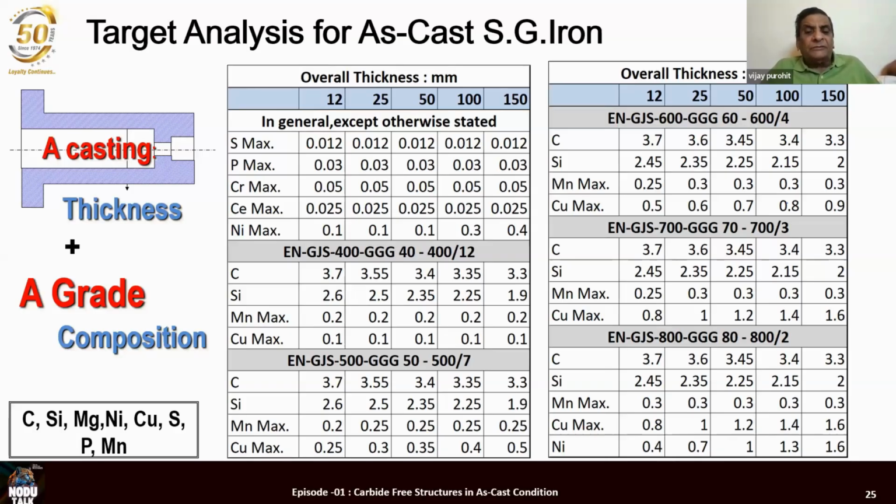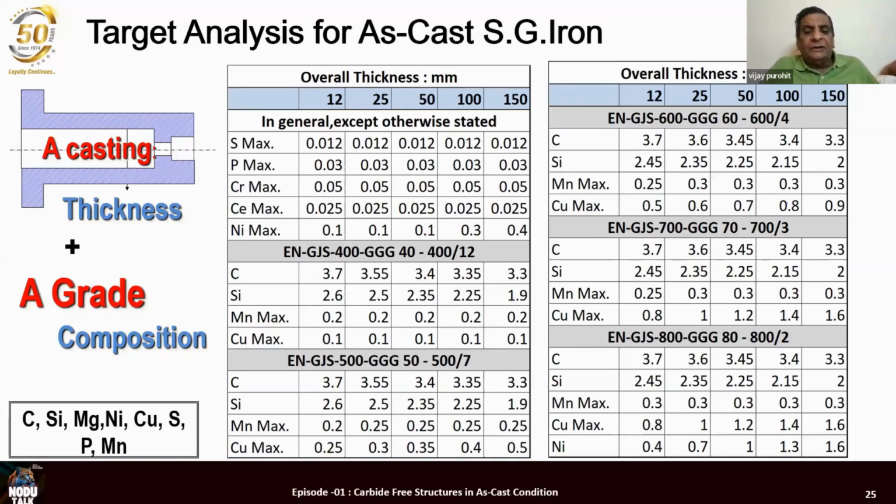Now the next two tables on the left hand side are for ferritic irons. 400 by 18, 400 by 12, 450 by 15 is in the second table, and 500 by 7, GGG50, is in the bottom table. Carbon, silicon, manganese, copper, for all these, the rest of the tables now. The other elements we just covered in the top table. Now, carbon: as the wall thickness increases, the carbon content decreases.